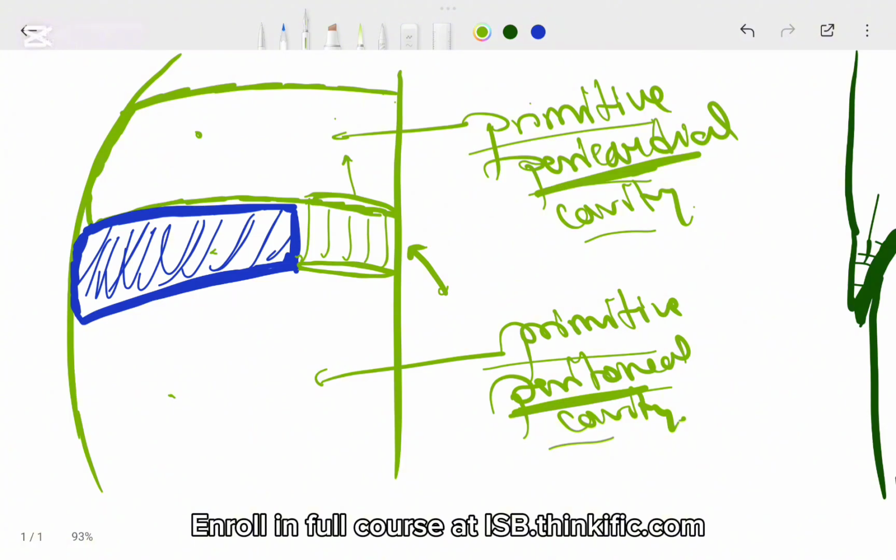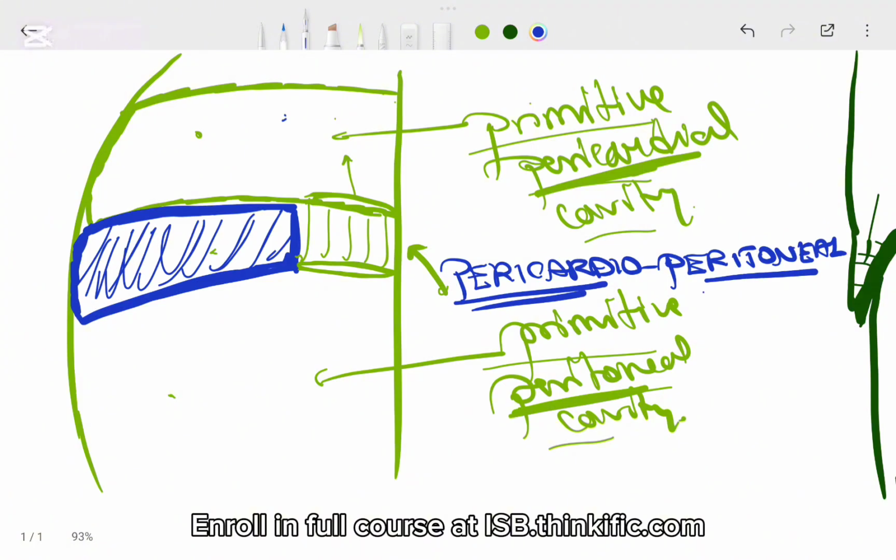Pericardio-peritoneal canal. Simple, right? Because it connects the primitive pericardial cavity to the primitive abdominal or peritoneal cavity.